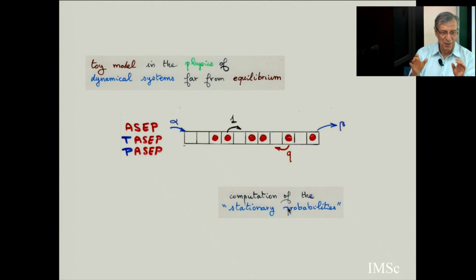A state is a sequence of cells with particles, so there are 2 power n possible states if n is the length of the strip. And you have to say, what is the probability after a long time? This is called the stationary probability. There is a unique system of stationary probabilities. And this probability can be computed by using combinatorics.